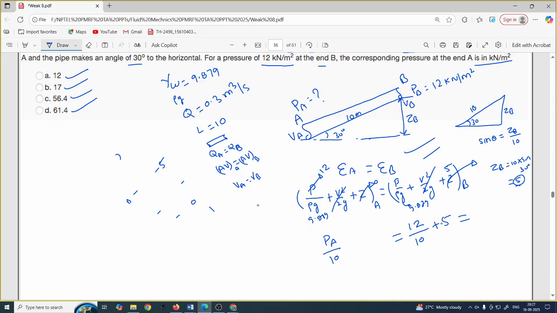So 1.2 plus 5 is 6.2, and PA by 10 is equal to 6.2, which means PA is 62 kilonewton per meter square. So yes, option D will be correct.